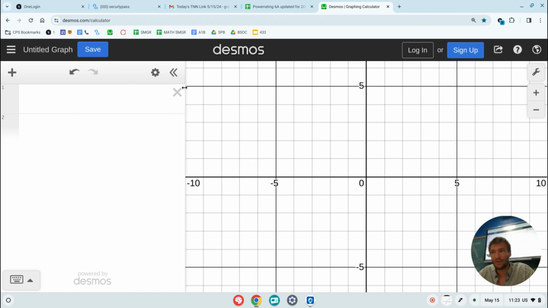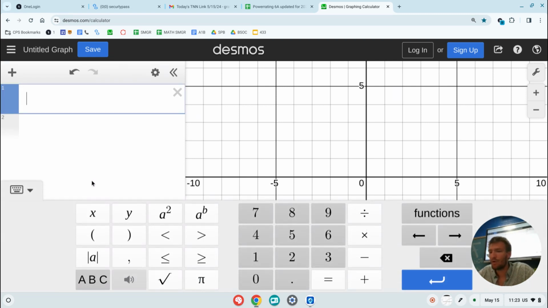It's over by the enter key, but you can also pull up this nice little DESMOS keyboard where it's got some nice little bonuses, and one of those things is bar A bar, and that is a way, click, you can get that nice vertical bar. It is not the same as parentheses. In fact, if you use parentheses, you're basically guaranteed wrong.